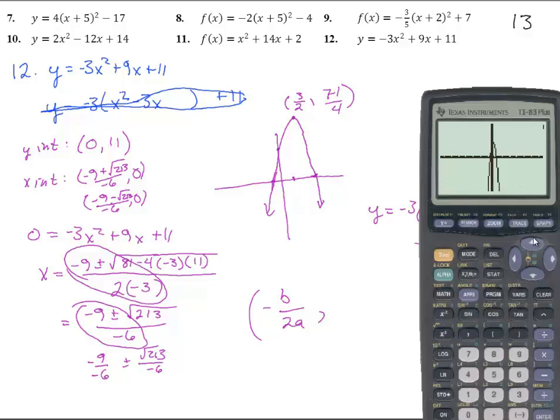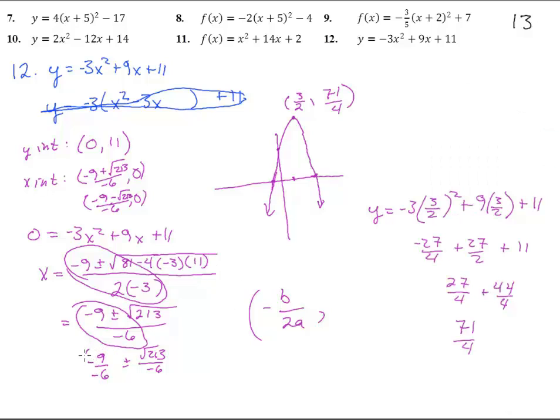There's a right bound, enter. And the guess, I guess I clicked it a couple of times, and it's 3/2 and 17.75. And then here are the two x-intercepts right there. So we get 3/2 plus or minus square root of 213 over negative 6, or the plus or minus will change and you get over 6. And those are the two x-intercepts.